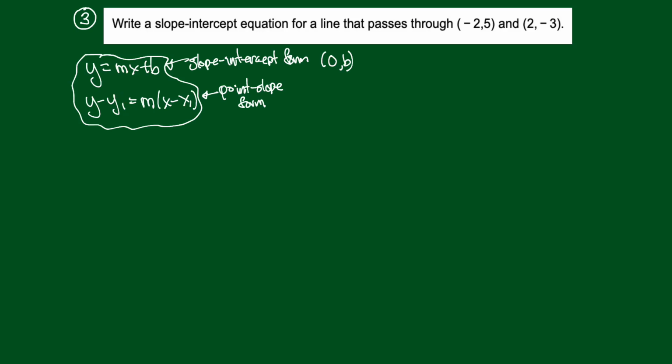So I'm going to say, let's use y minus y1 equals m times x minus x1 with m equal to, now I don't have m, but I have 2 points, so I can get m using the slope formula, which is y2 minus y1 over x2 minus x1.